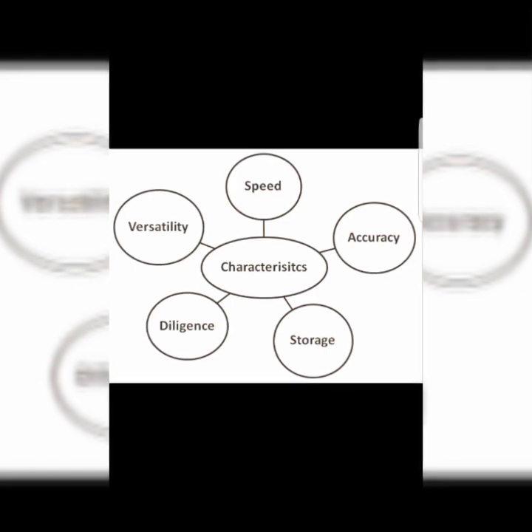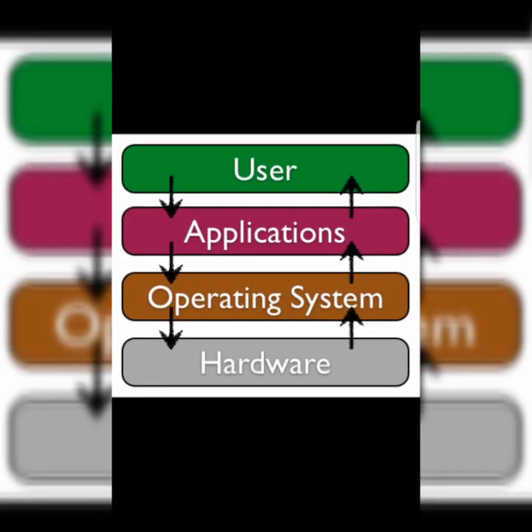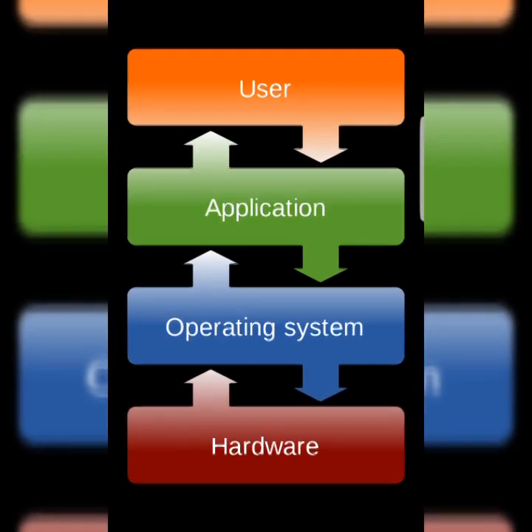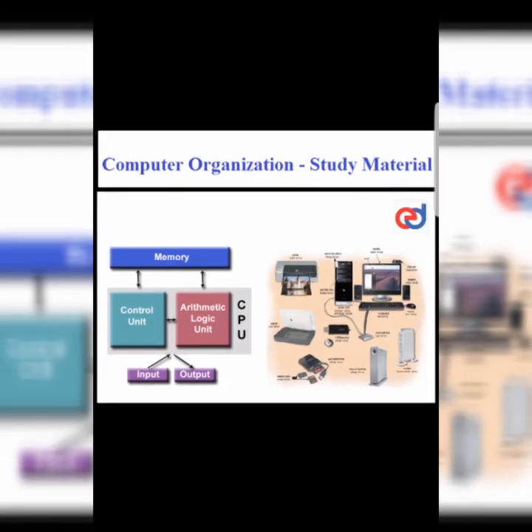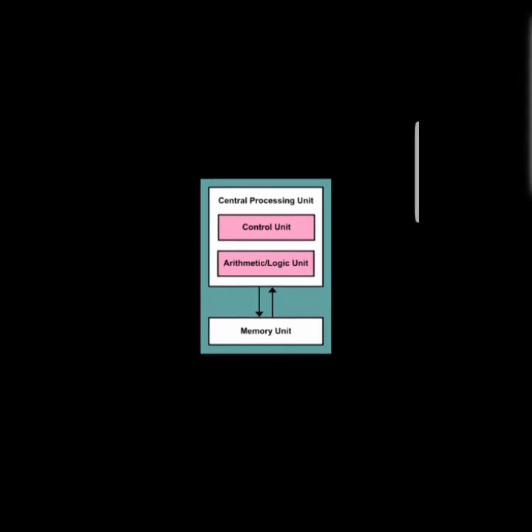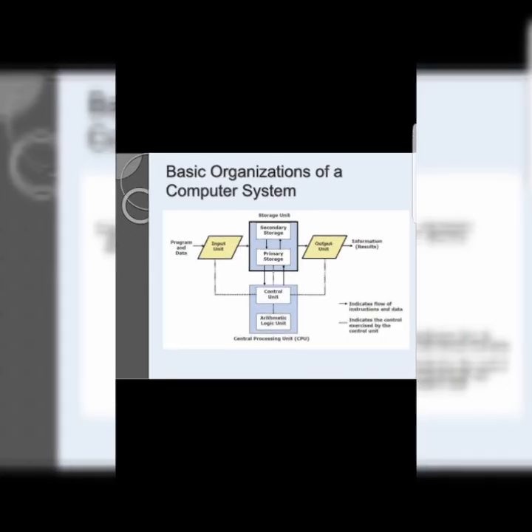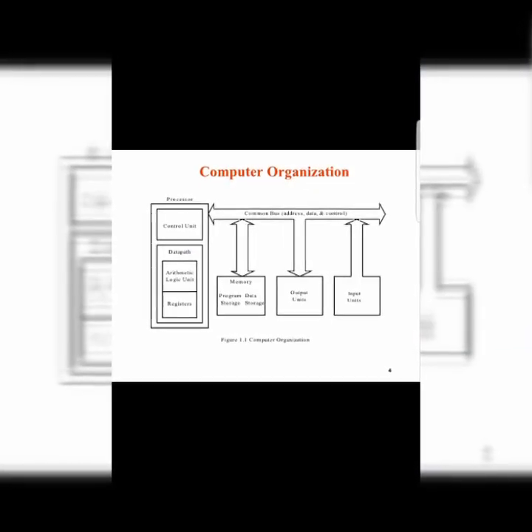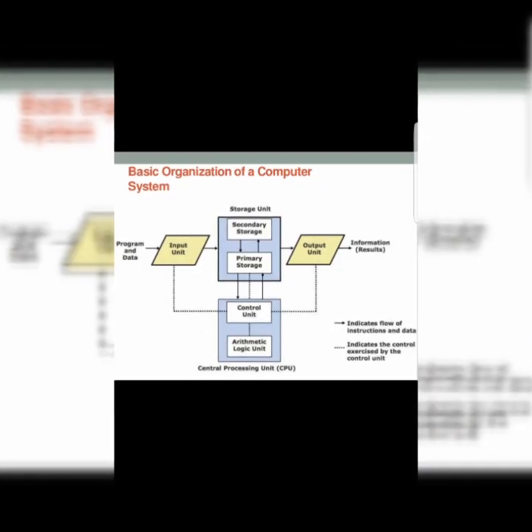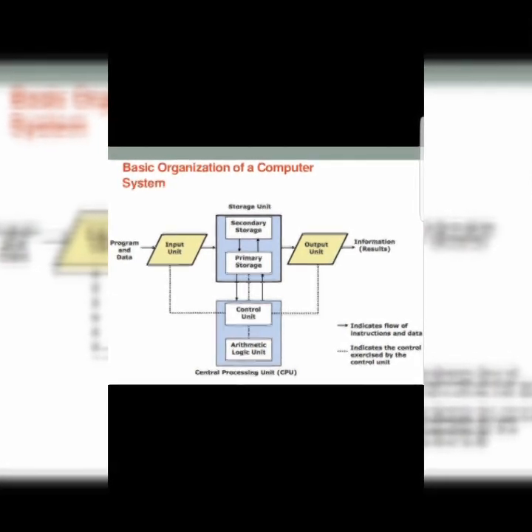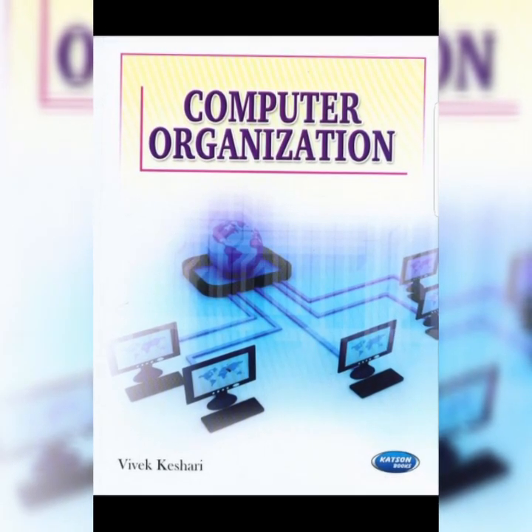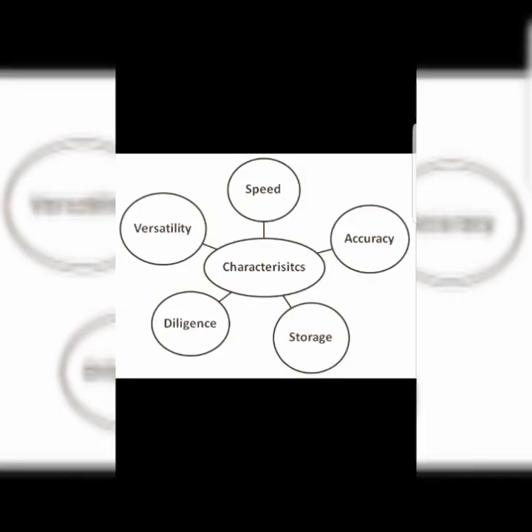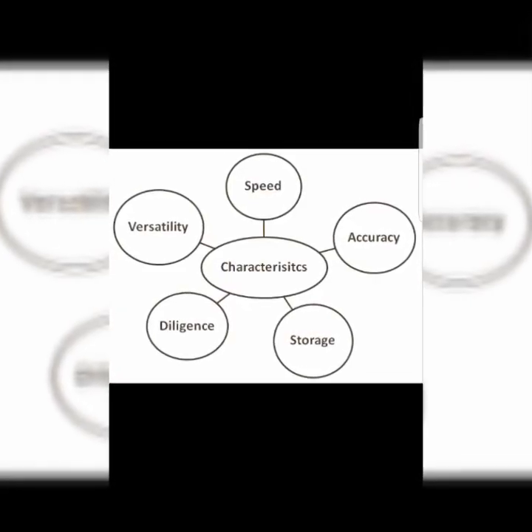Now you must ask, what is hardware and what is software? The term hardware refers to the tangible components of a computer, which we can touch and feel. Like we have a keyboard, we can touch it, we can feel it, so it's hardware. We have mouse, we have monitor, etc. And now what is software?